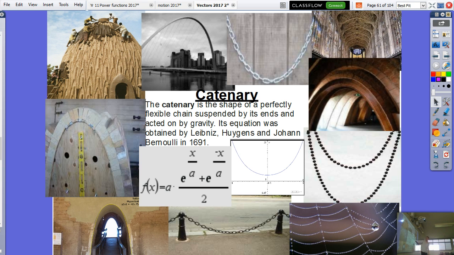So a catenary is the shape of a perfectly flexible chain suspended by its ends and acted on by gravity. Josh? What do you mean by the term perfectly suspended? Perfectly flexible. It's pinned, like beads on a string. So it's pinned there, pinned there.